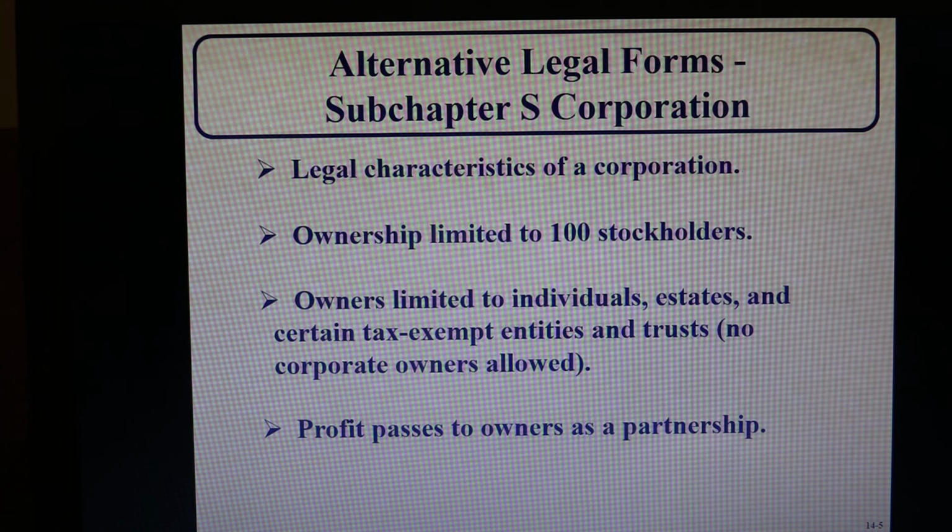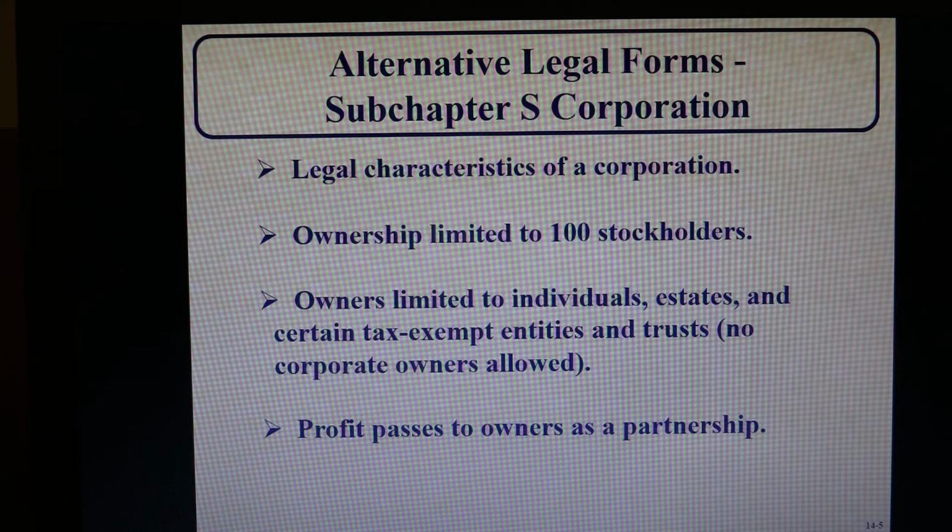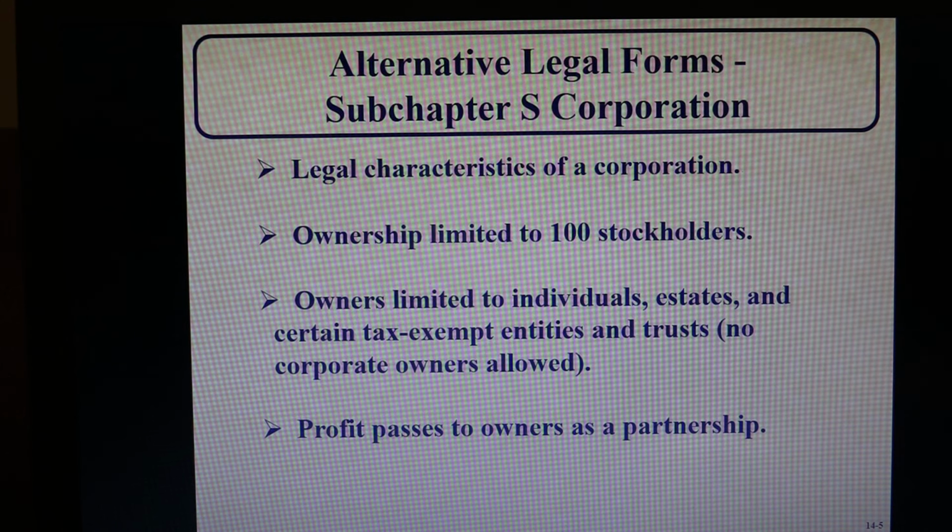In order to be an S Corp, you have to meet certain requirements. One of the main ones is that you can only have 100 shareholders in the corporation. Only certain types of individuals can be shareholders.